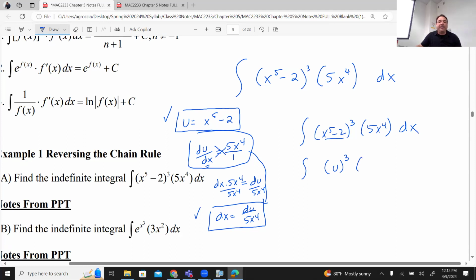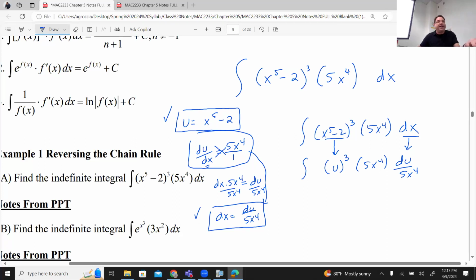So number 1, it's making my life a little easier. I don't have anything for 5x to the 4, but instead of dx, dx is du over 5x to the 4. So instead of x to the 5th minus 2, that became u. Instead of dx, that became du over 5x to the 4. Now, you're looking at this, and initially you're saying, wait a minute, you made something complicated more complicated.